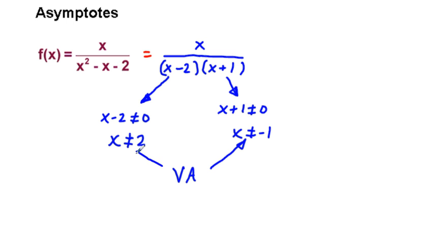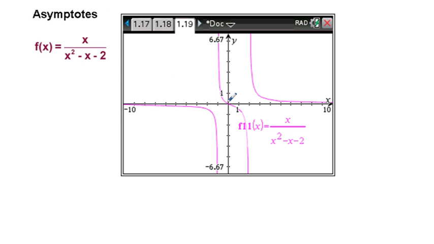And we will see this very shortly as we go to the graph of this function. And here it is. We see a vertical asymptote at x equals negative 1 and x equals 2. Okay, so VAs, we call them.